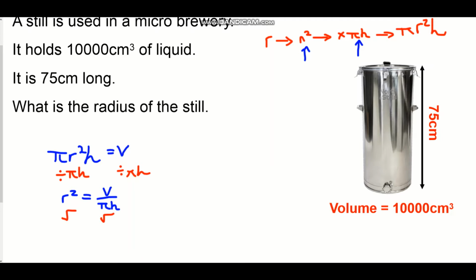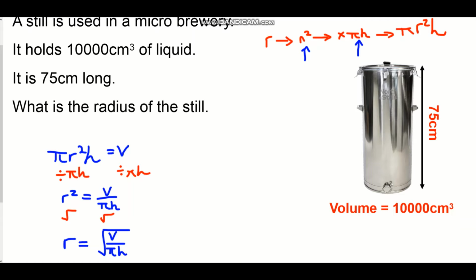And I get that r is equal to the square root of V divided by pi h. That's me got the radius of that still. Except I don't have the radius of that still on the board. I've got the radius of any cylindrical still.